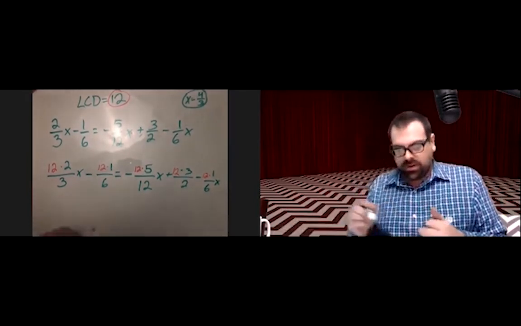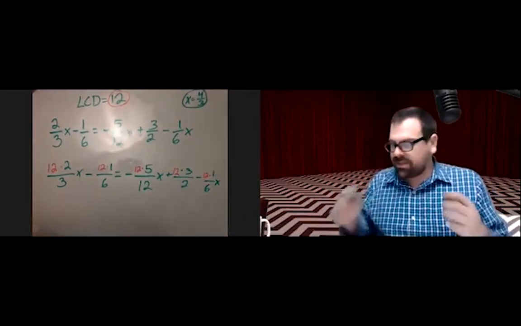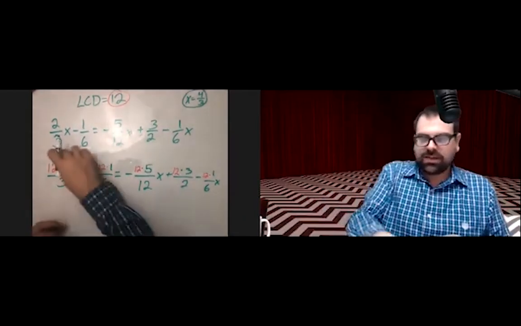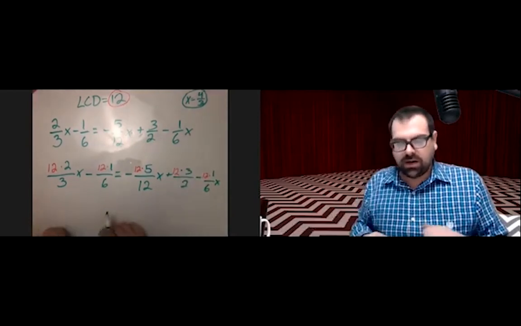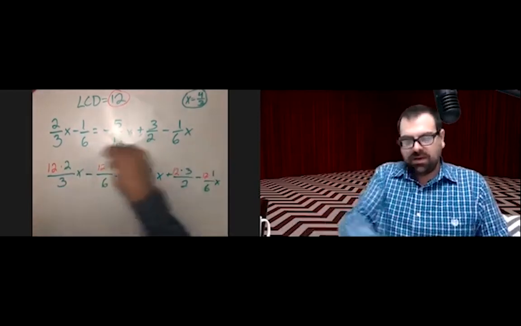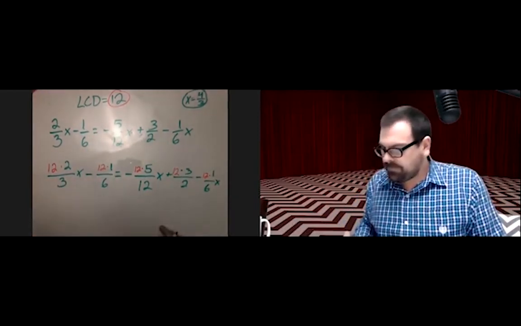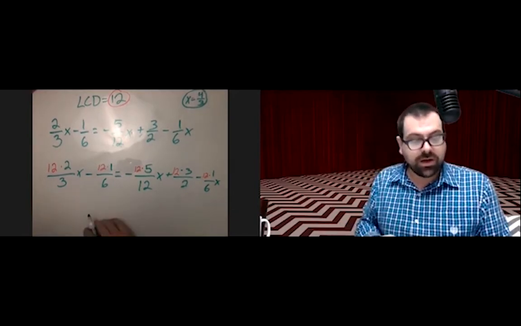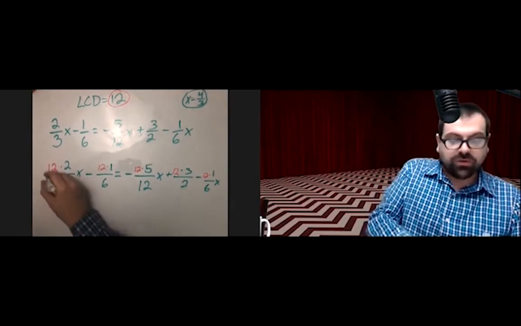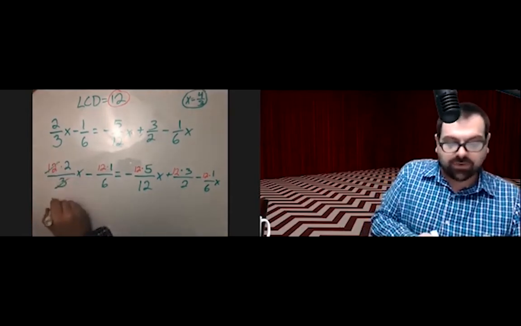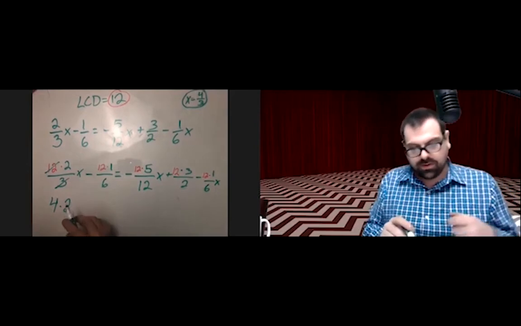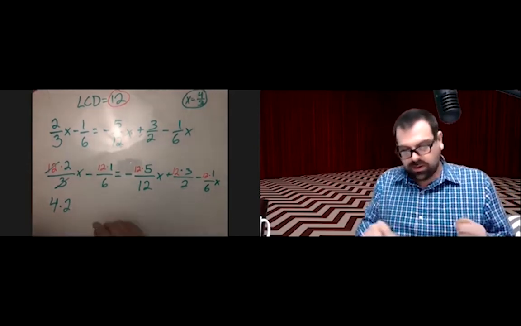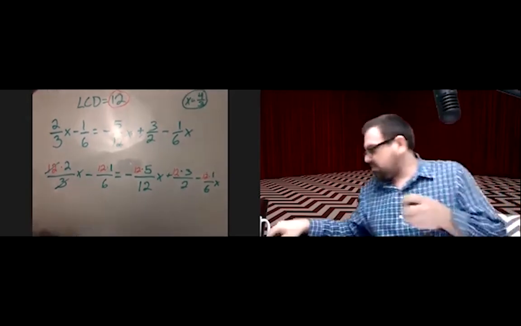Now, because we specifically used 12, because it was a common denominator, a common multiple of all the denominators, it's going to get rid of all the fractions now. What do I mean? 12/3, that's 4. So let me express this with a different color.